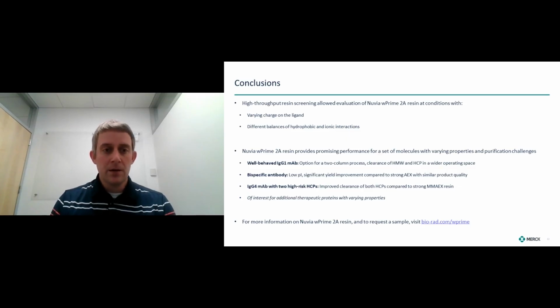And again, through the 3 different case studies, saw robust performance for a potential 2-column process, less product binding for the bispecific, and then very effective clearance of 2 high-risk HCPs for the IgG4.